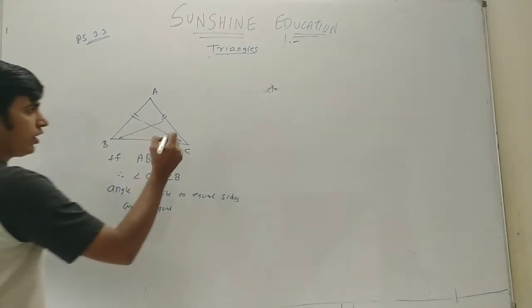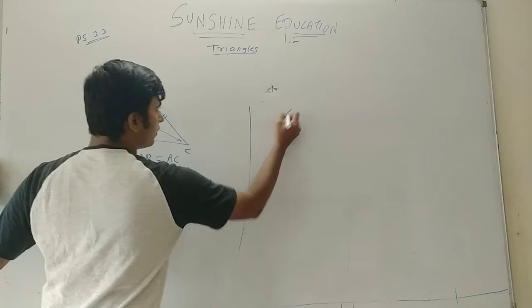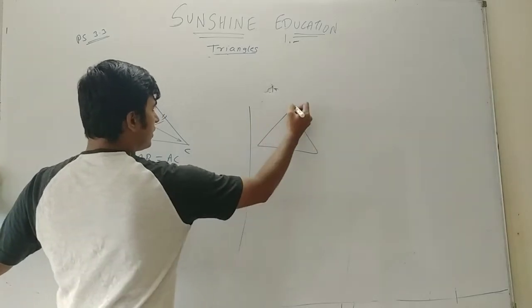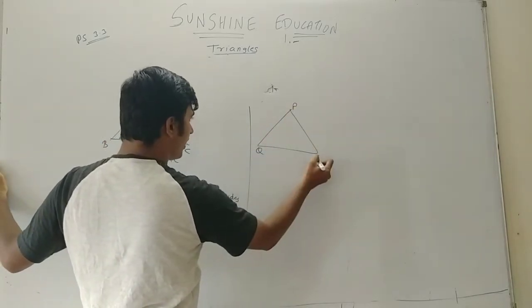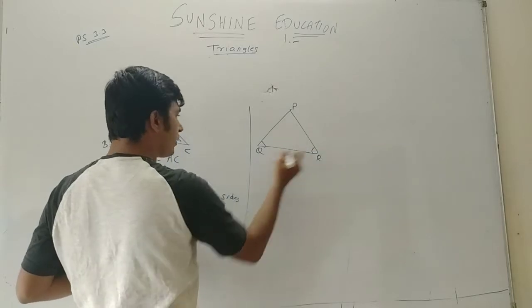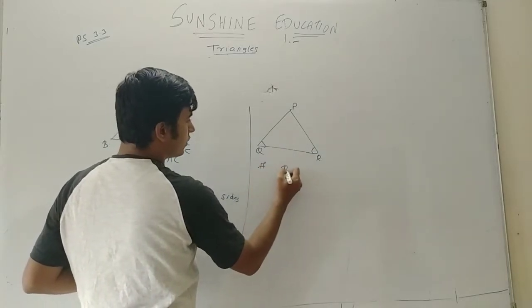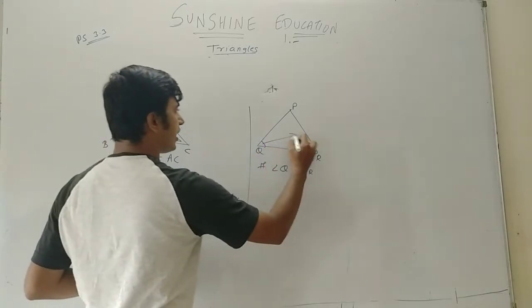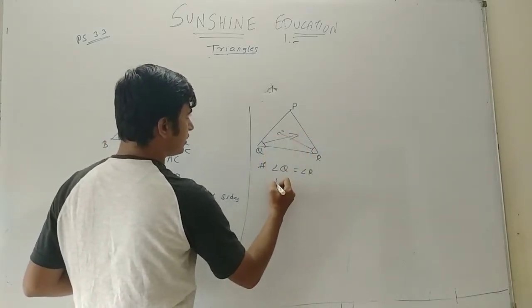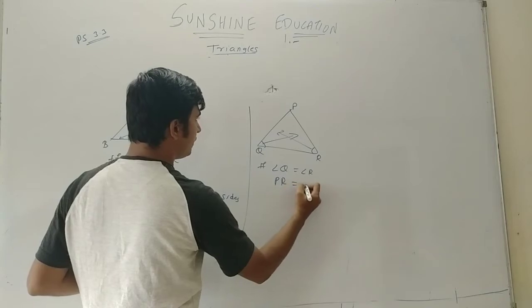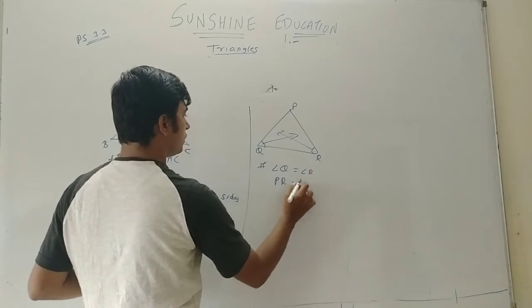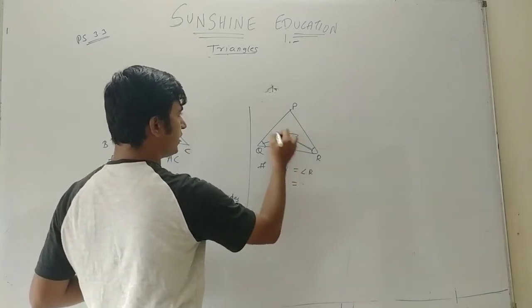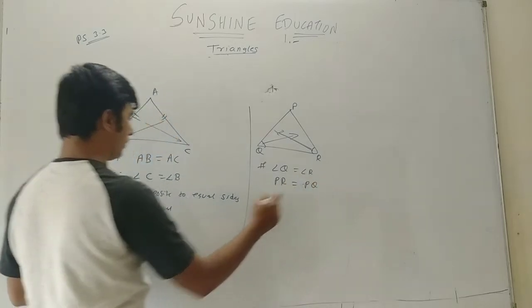Now the opposite case. What is the opposite case? If we have a triangle PQR and two angles are equal, if angle Q is equal to angle R, then the side opposite to it, that is PR, will be equal to PQ.